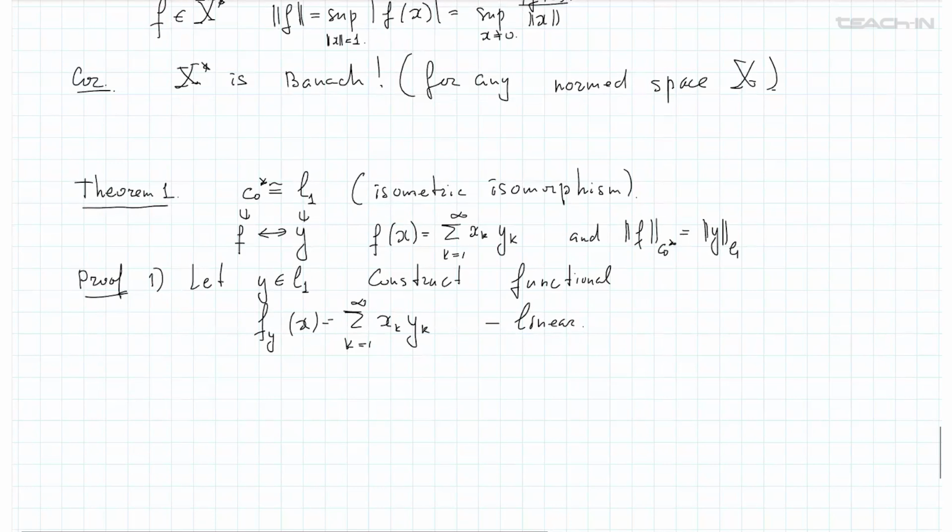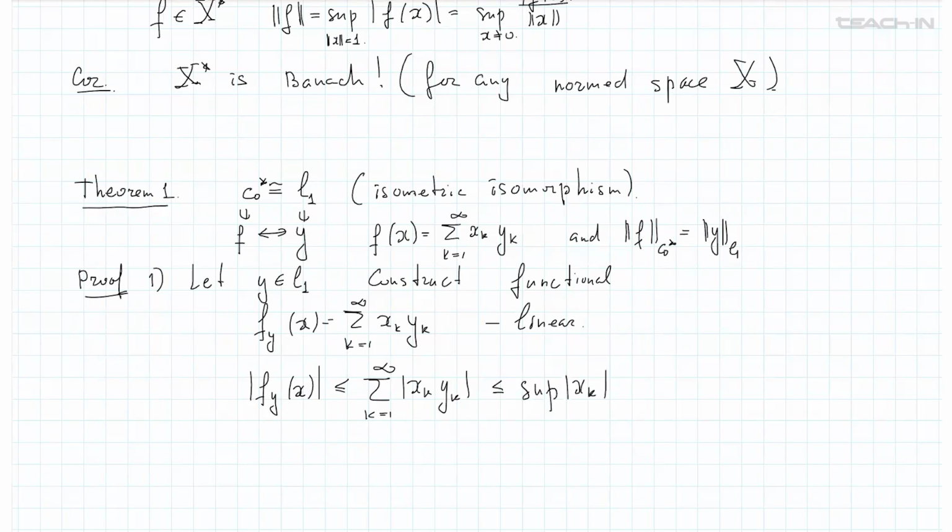And let's try to obtain an estimation on this action. By the triangle inequality, when we put the modulus here, then what can we do? We can take out of the sum the supremum over all x_k.